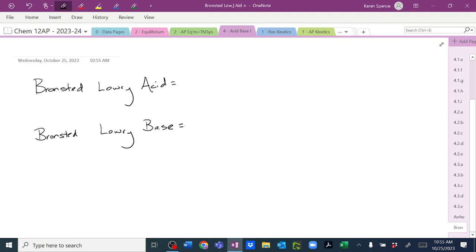What is a Bronsted-Lowry acid? Yes, it is a species that can donate a proton to another species. Can I just call it a proton donor? Okay, it is a proton donor. What do we mean by proton?